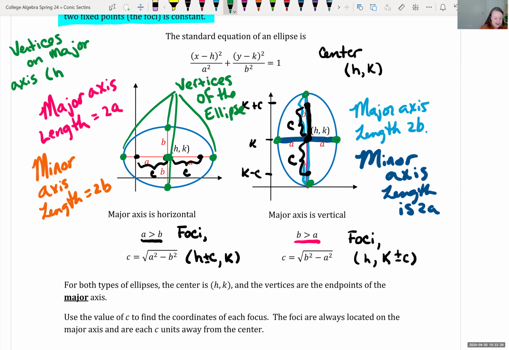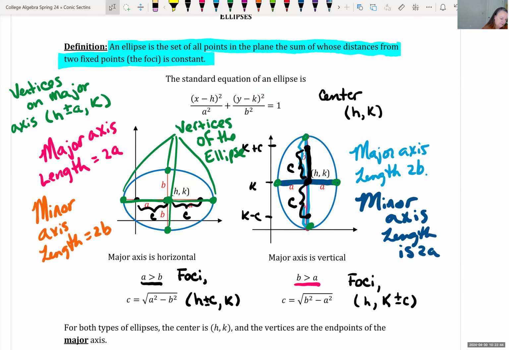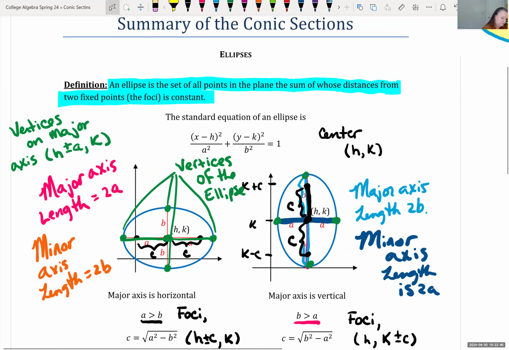So from my center h, I'm going to subtract A or add A. So it's going to be h plus or minus a, comma k. If I'm on the vertices of my minor axis, let me just do it up here.